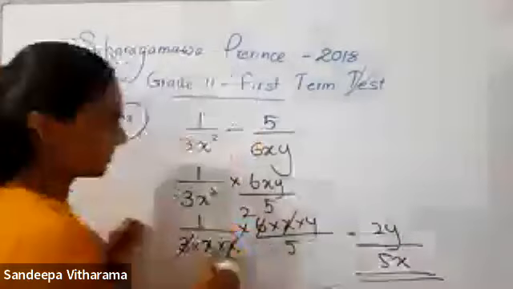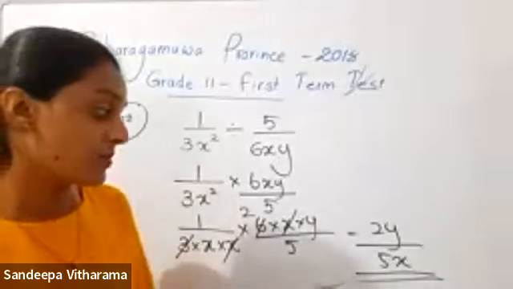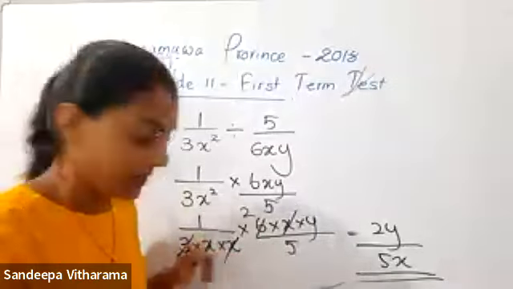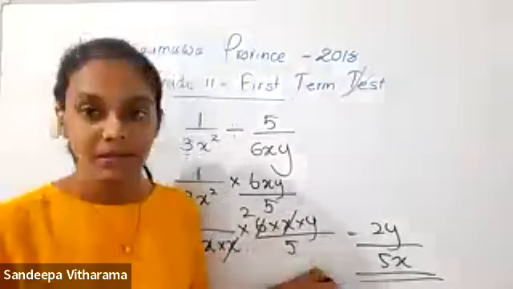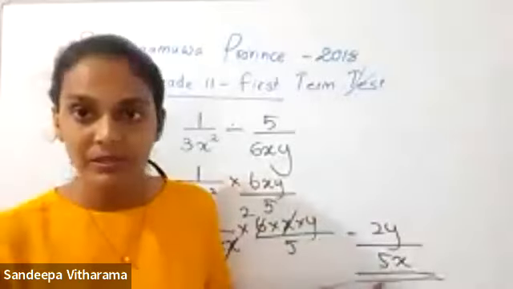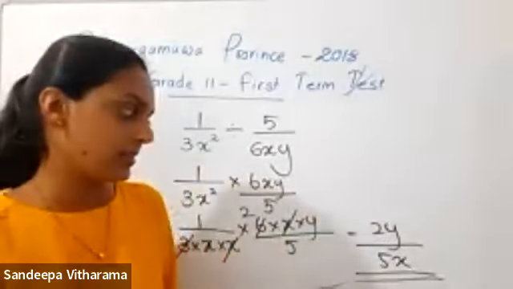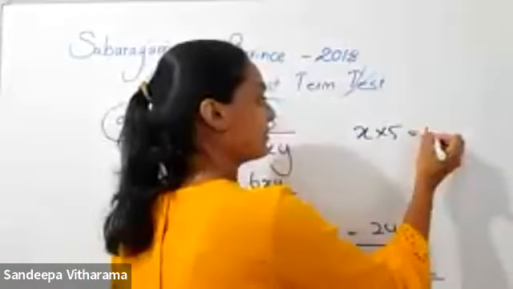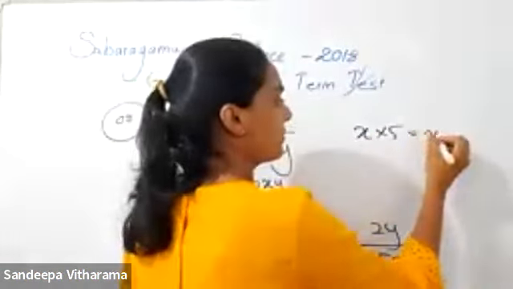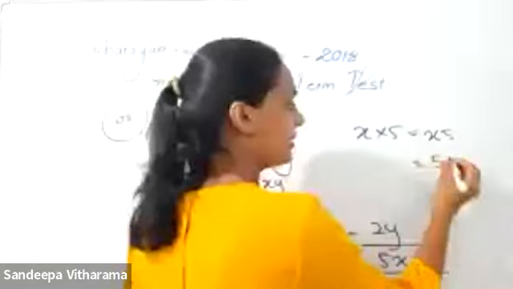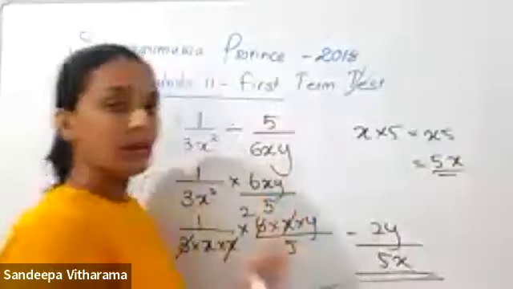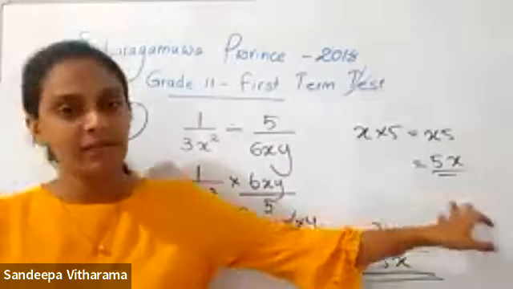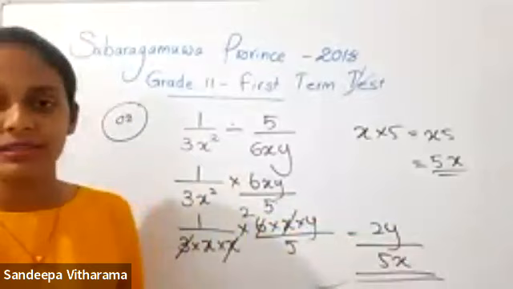Why we do not write x5? Because when you write a product of an algebraic term and a number, you have to give the priority for the number. That's why we write x into 5. We do not write x5. x5 කියලා ලියන්නේ නැතුව 5x කියලා ලියන්නේ. අපි හැම වෙලේම priority එක දෙන්න ඕනේ numbers වලට. ඔය x කියලා n a ඒවා මොනවද? ඒවා algebraic term.